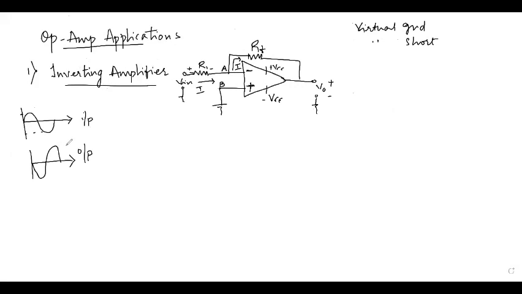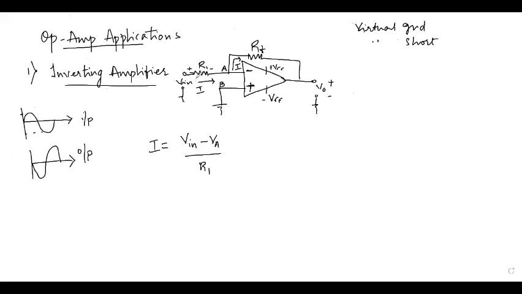So if we look at the mathematical equations, if I want to write the current flowing through R1, I may write it as I equals Vin minus VA divided by R1.